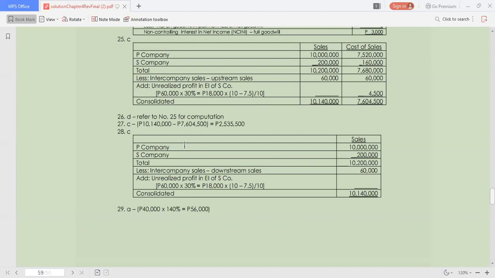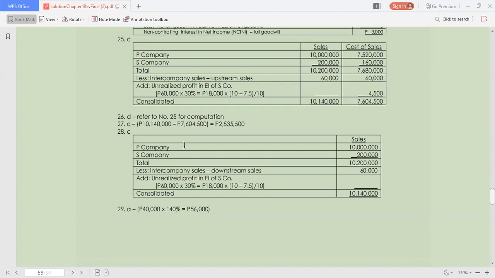For the same period, Shannon has sales of 200,000 and cost of goods sold of 160,000. During the year, Patty sold merchandise to Shannon for 60,000. So this time we have downstream sales at a price based on the normal markup. At the end of the year, Shannon still possesses 30% of this inventory.